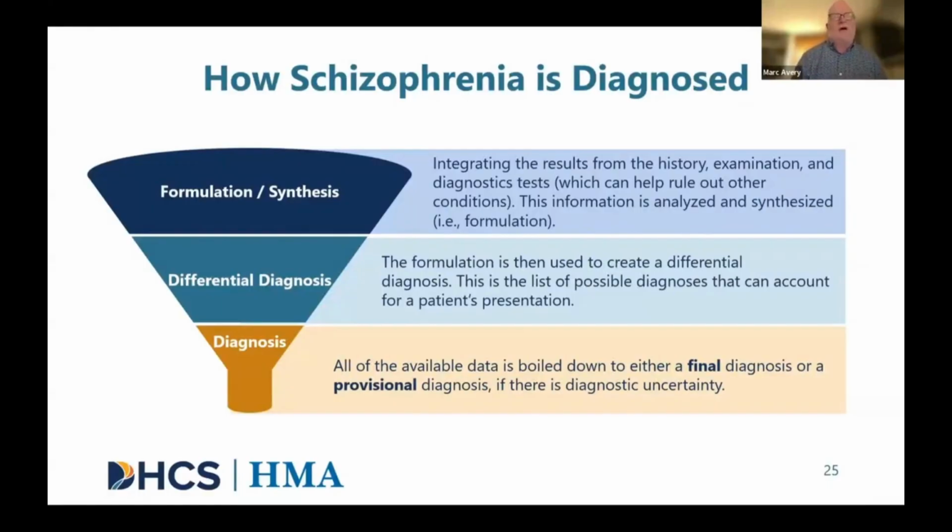It could be other schizophrenia or psychotic disorders in the schizophrenia chapter, or just could be other psychiatric disorders in general. But it's important to take that step to say, what are all the possible diagnoses that could be at play here? And then that list gets boiled down to what's referred to as the final diagnosis.